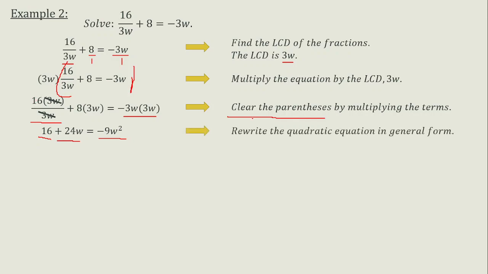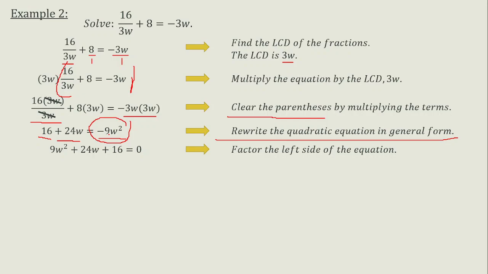After that, we are now going to rewrite the quadratic equation in general form. So how you're going to rewrite this one? Just simply the terms on the right side, transpose it to the left side. So negative 9w squared magiging positive 9w squared plus 24w plus 16 is equal to 0.